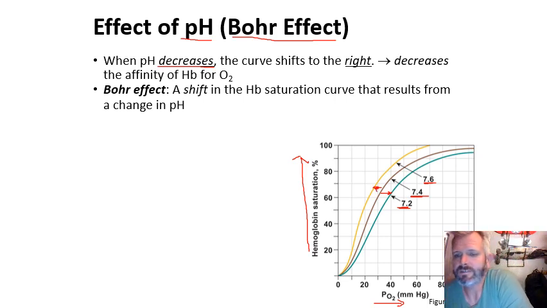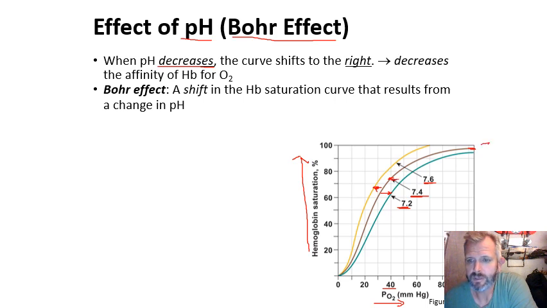Let's look at how this affects unloading. Let's look at where we are at 100 and 40. What did we get in the normal curve? We're at 97 and roughly 74 here.